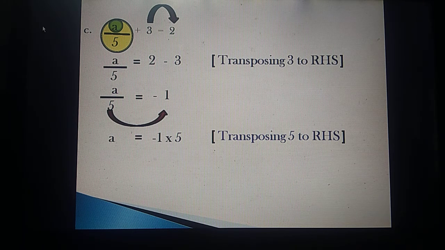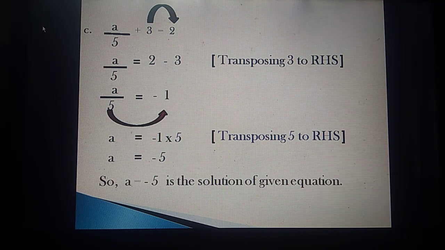Because in the last step, we were dividing by 5 on the left hand side. So after transposing, divide will change to multiply. Now when you solve the right hand side, 1 fives are 5 with the minus sign. Now only the variable is left in the circle. So this is your final answer.